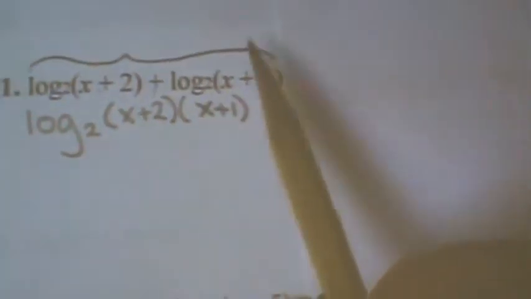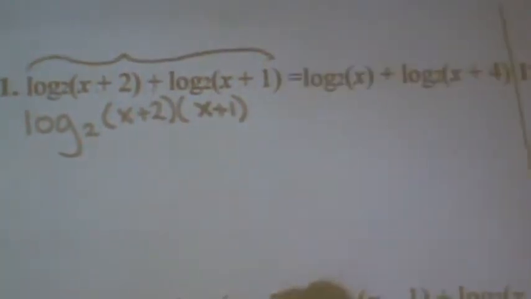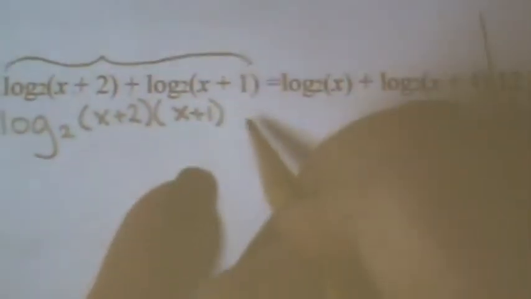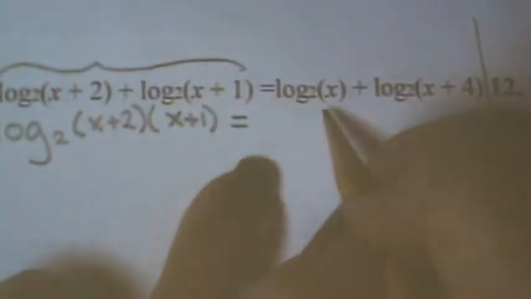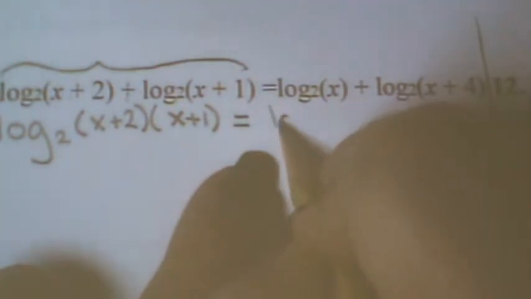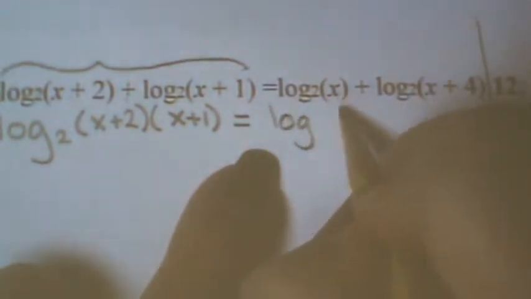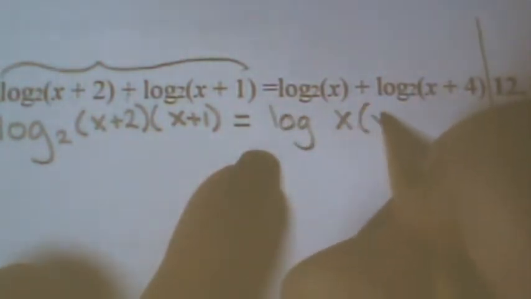Why is it a product? Because the bases are the same and you're adding. So what I've done is I've condensed this left side. You can condense the right too. Very good. Good observation. You can condense the right. And it's going to be a product again.